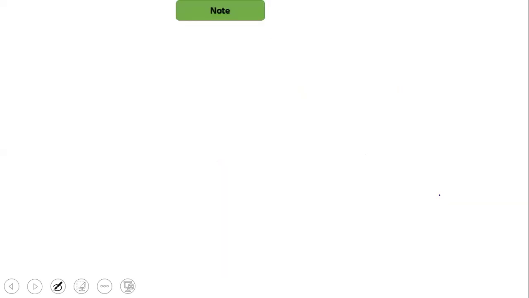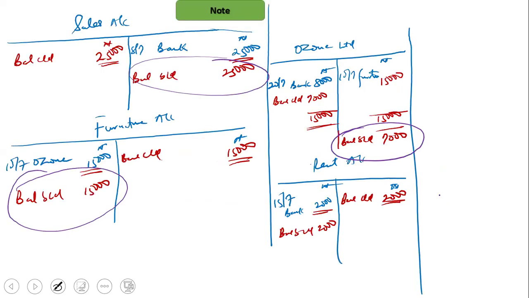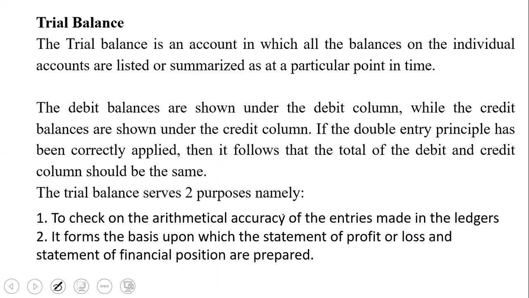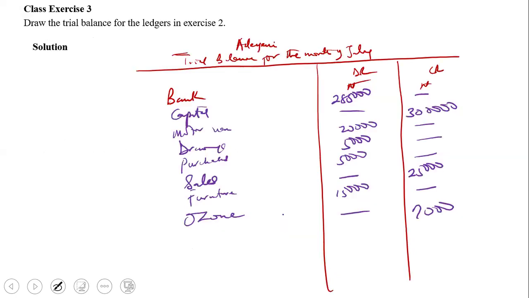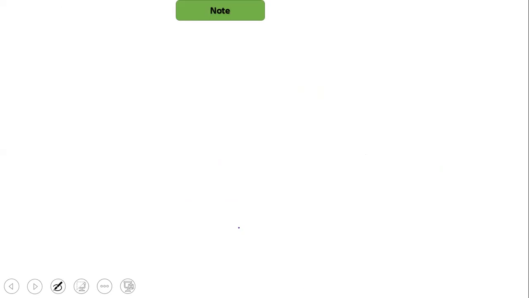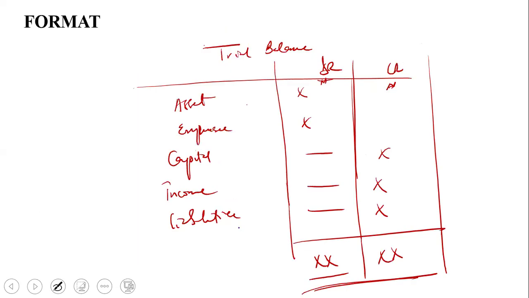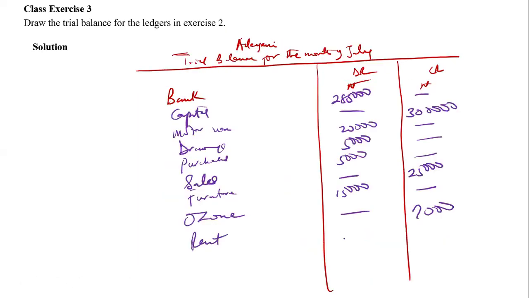Don't forget, we don't consider the balance carried down. We consider the balance brought down. Rent, which is the last item, we go to the debit side. What's our rent? Rent is 2,000.